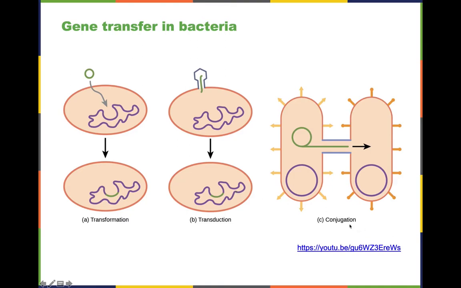And the last mechanism is conjugation, which I talked about through those pili. Genetic material can travel from one bacterium to another through the channel that is formed by those structures.